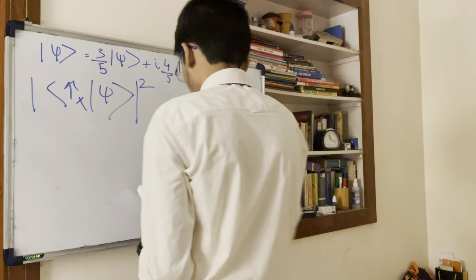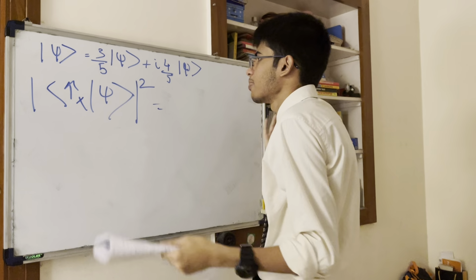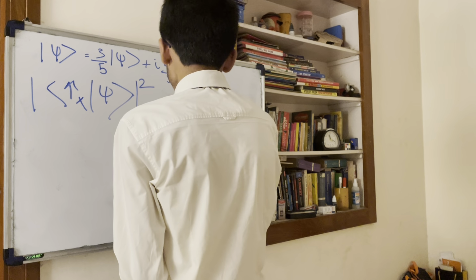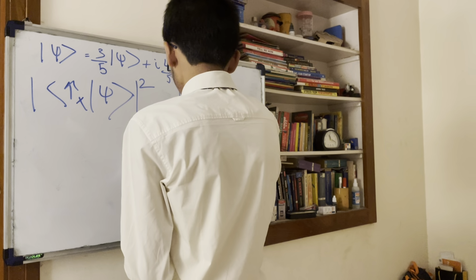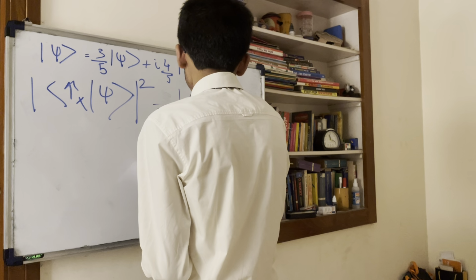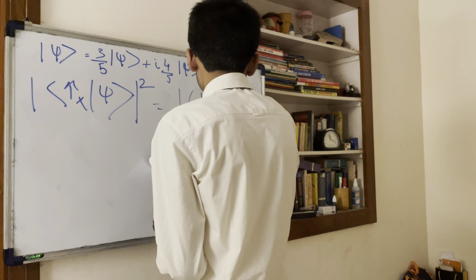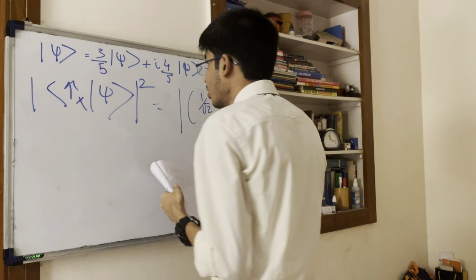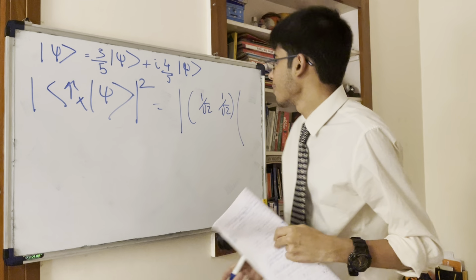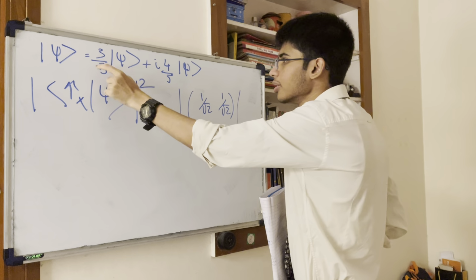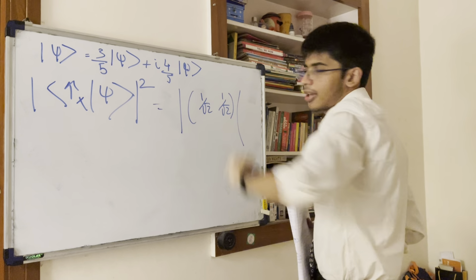All I have to do is again just apply the mathematics. I take the basis vectors of x, so it will give me 1 by root 2, 1 by root 2, and now I will take the vector for psi, and they have given that to me as 3 by 5 and i 4 by 5.